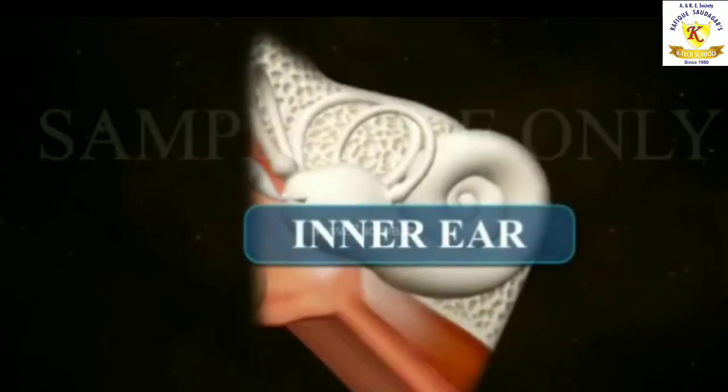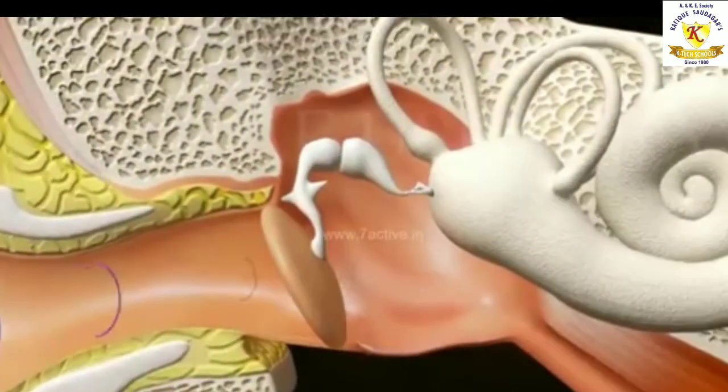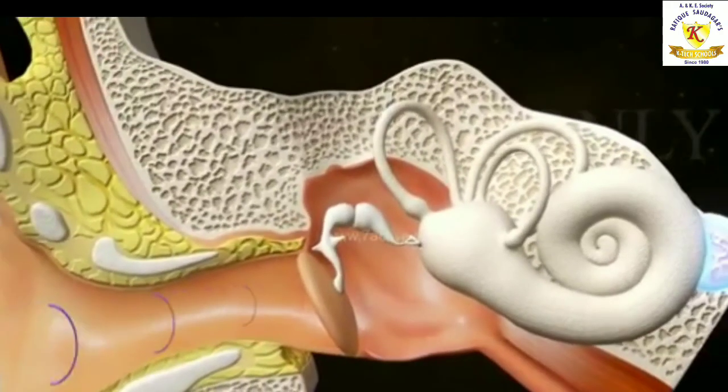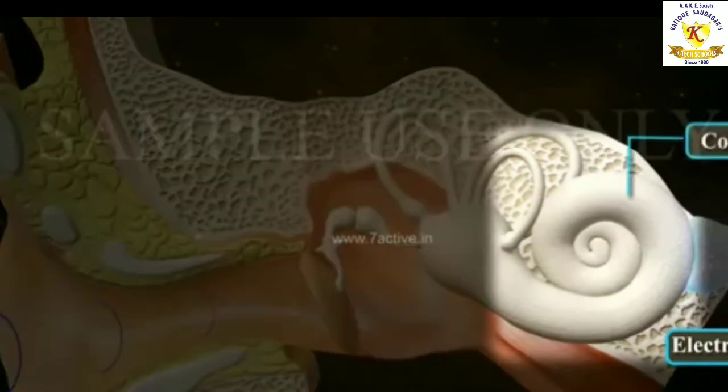Let's study the inner ear. The pressure variations of the wave are turned into electrical signals by the cochlea.